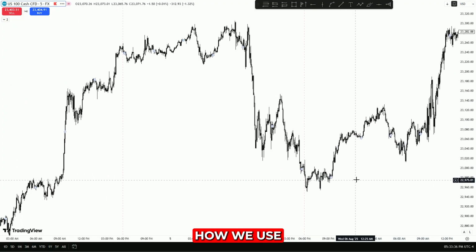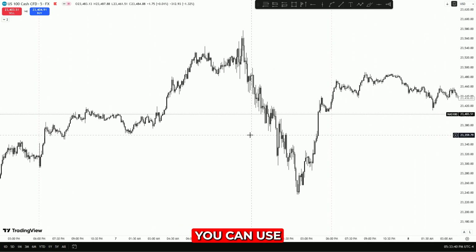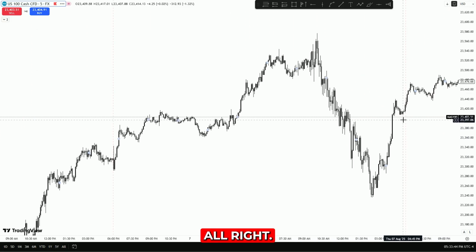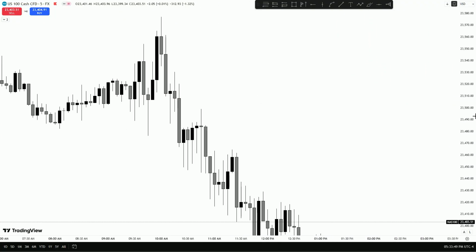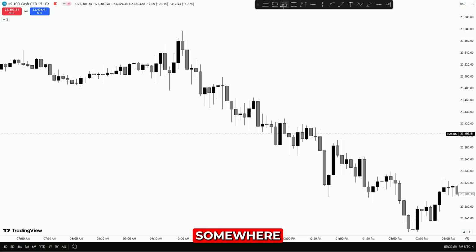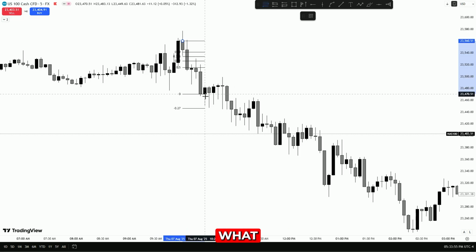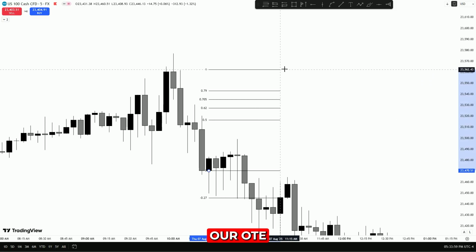That's how we use our OTE. I want to tell you, you can use OTE only in trends. When you're in a trendy market, you're going to use the OTE, as you got over here. You're going to place your OTE over here, and we got our OTE level over here.